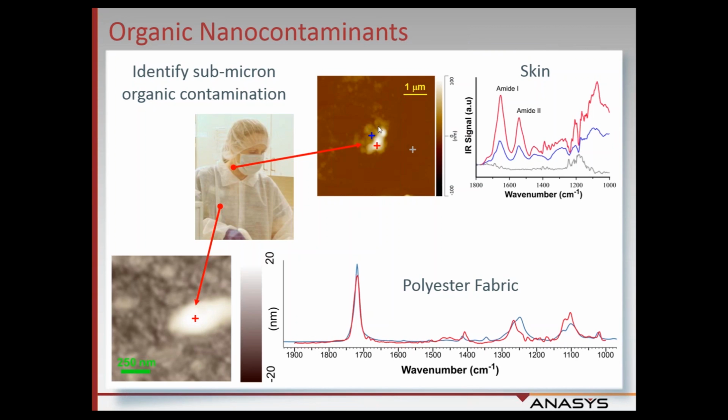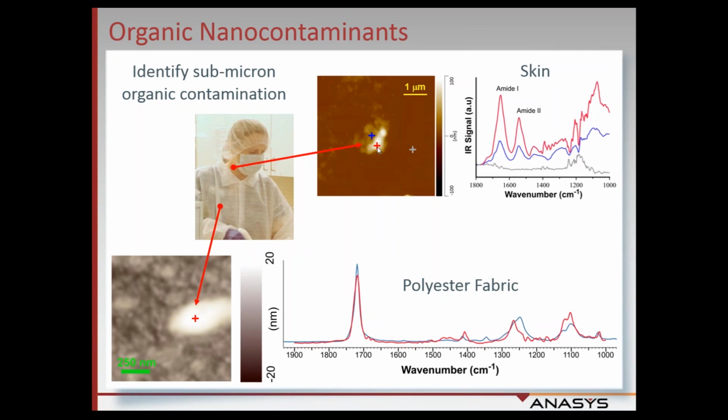And typically what they can see is, well, they see a blob, but they don't necessarily know what it is. What we're able to do with the AFMIR is go in and look at a very small defect and take absorption spectra that can let us unambiguously identify the source of that contaminant.